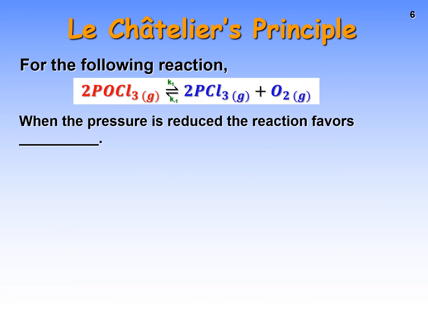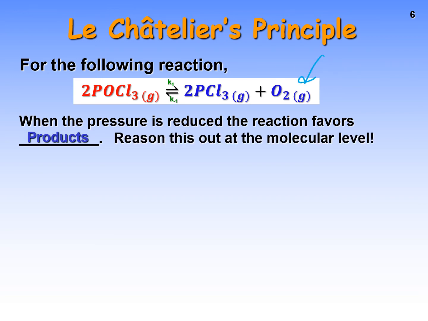So let's look at this reaction. Now we're going to talk about how pressure, this last component that we talked about in the beginning slide, affects our equilibrium shifts, right? Pressure is a little bit interesting. It's different from the other two. When pressure is reduced, this reaction is going to shift towards the products.